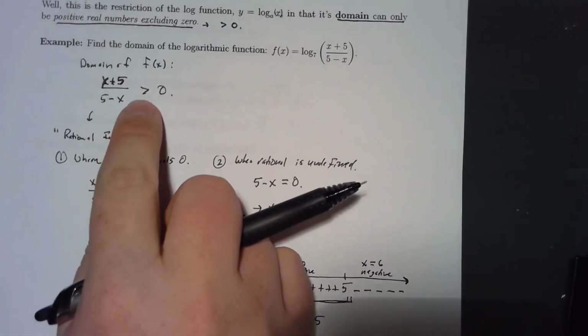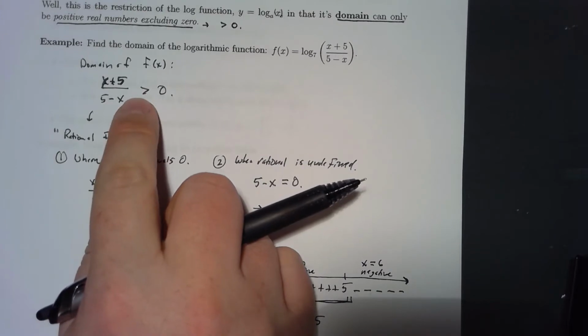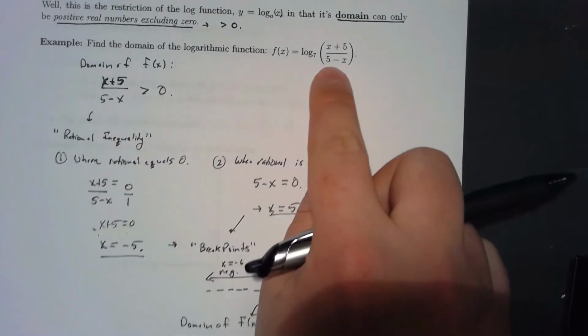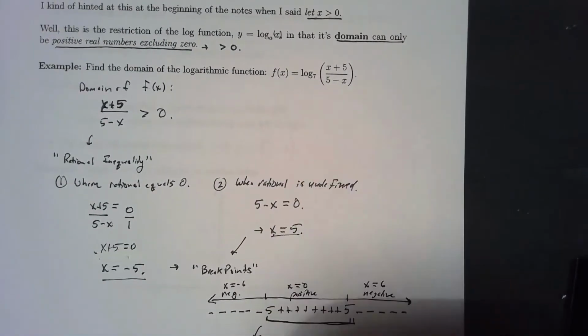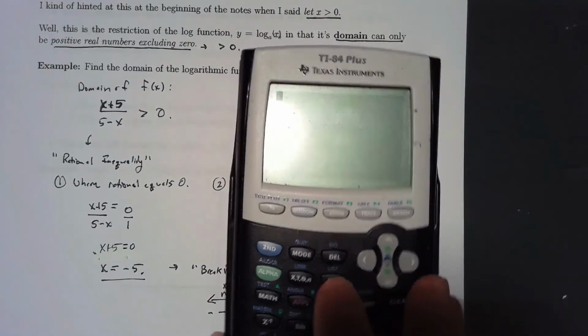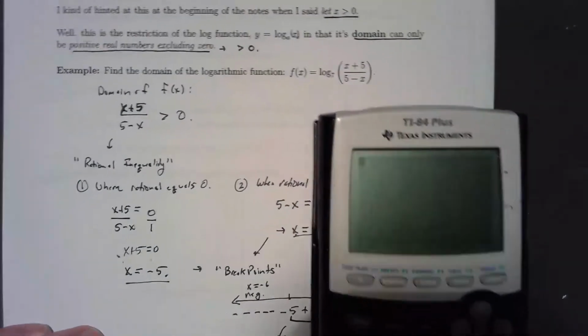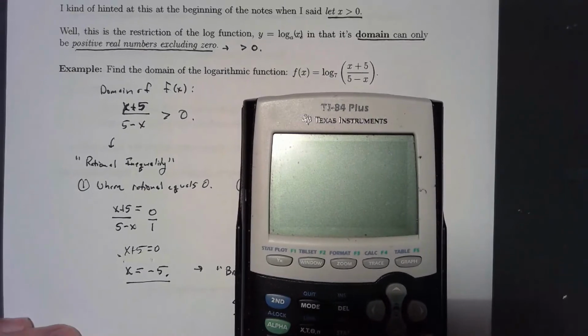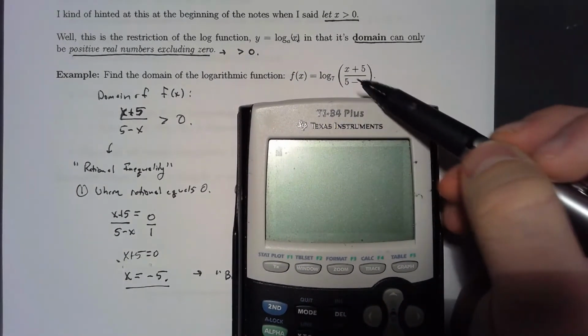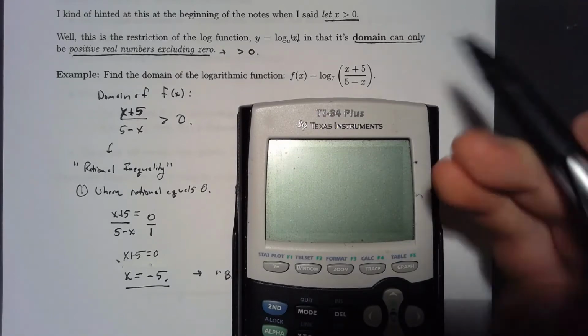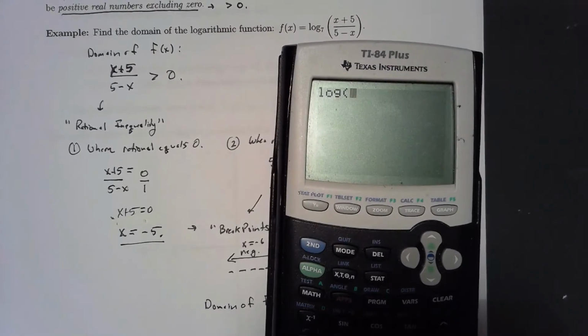And I'm only concerned about it being greater than 0, right? I can't take the log of 0. I can't do that. A logarithmic function has to be positive. When you put a value into your logarithm, it must be a positive value. It cannot be 0 or negative. Like if you do it in your calculator, it doesn't matter what the base of the log is.